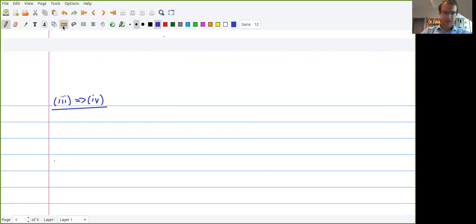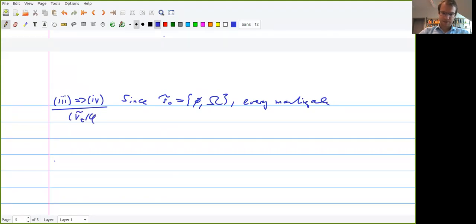Okay. So how do we see this? Well, we made our assumption that the filtration at time 0, so at the beginning of the market, is a trivial one. So what we know is that we have a martingale.